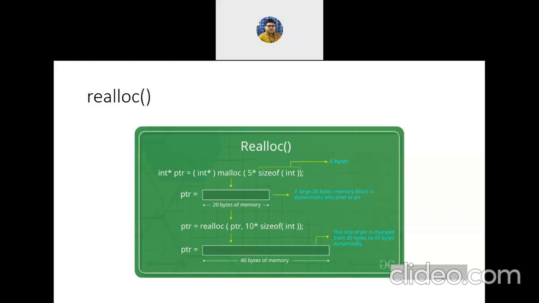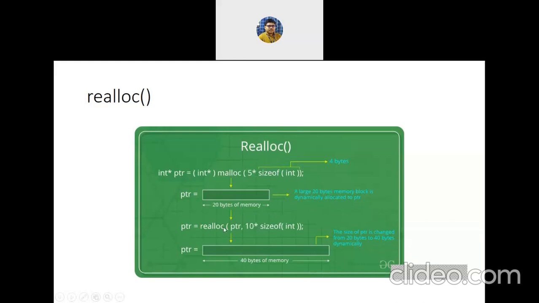Now, next line, I am calling the realloc function. I have already allocated memory for 5 integers here. This is the pictorial representation: a 20 bytes memory block is dynamically allocated to ptr. Next line, realloc.